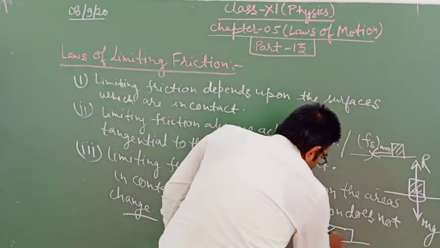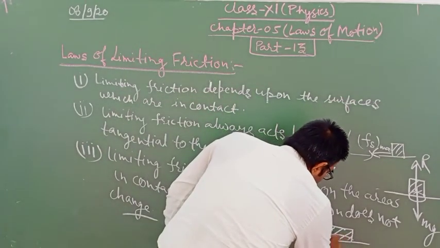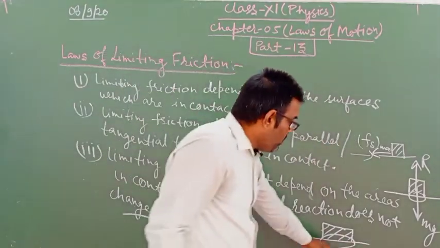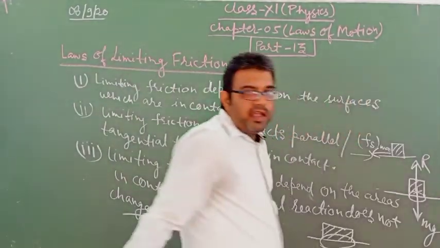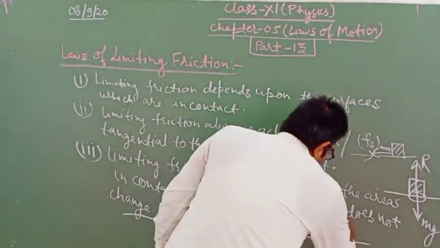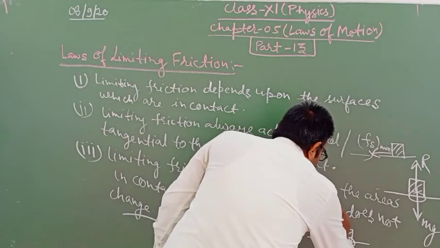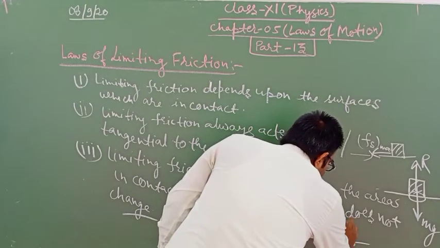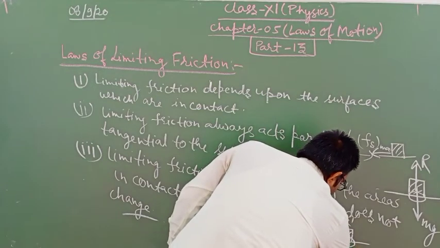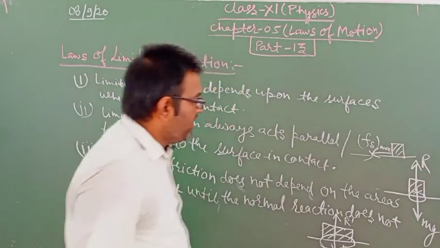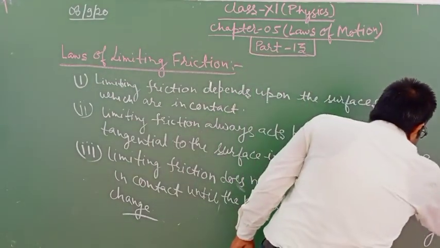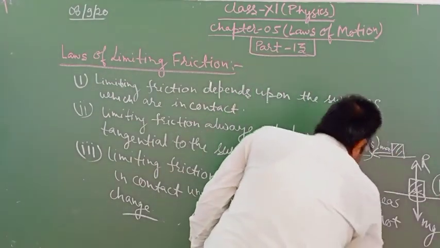Now look here: the area of contact in this case is more as compared to the area of contact in this case. This is mg and R dash. This is case first and this is case second.